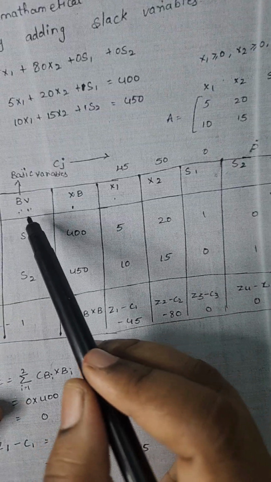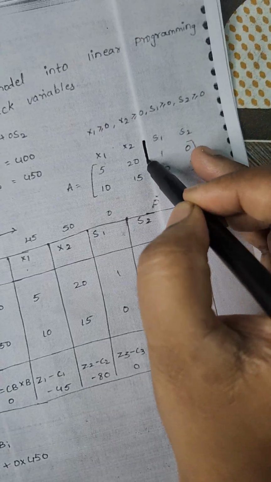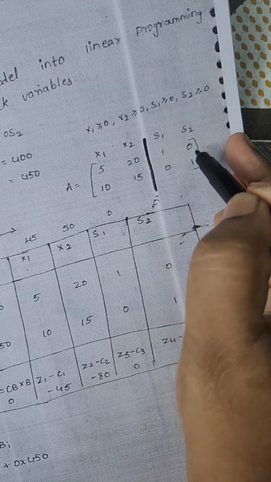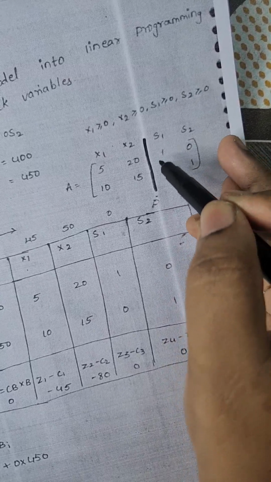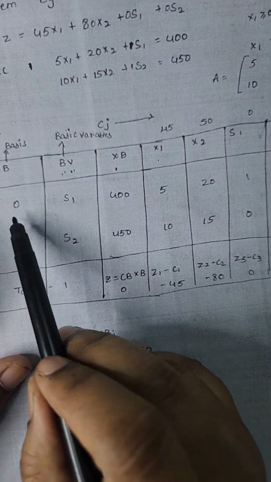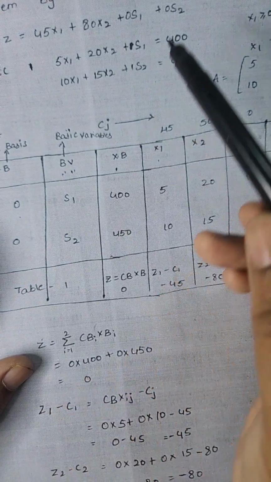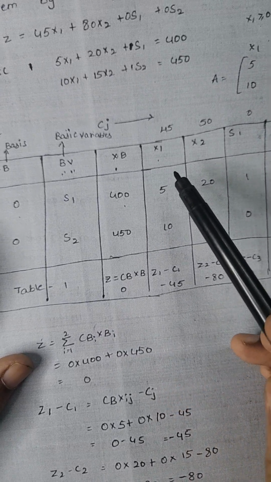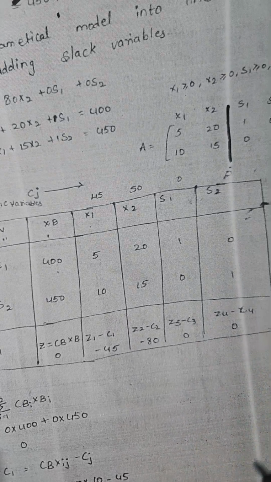First enter the basic variables. The variables which form the identity matrix are called basis variables. With s1 and s2 the identity matrix is formed, so s1 and s2 are basis variables. The cost of s1 is 0, the cost of s2 is 0, and XB is the right hand side of the equations, 400 and 450. Then enter the x1, x2, s1 and s2 coefficients.